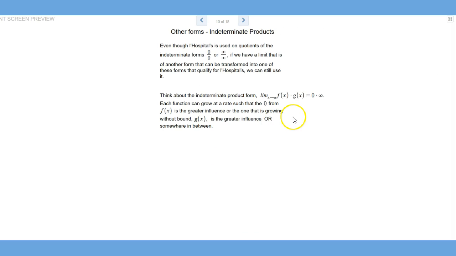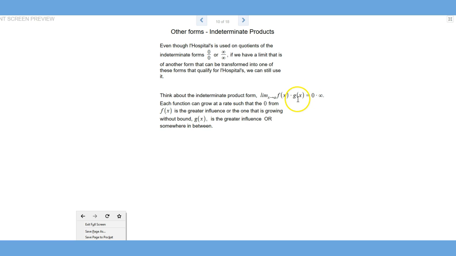So there are those other forms that we can use L'Hopital's on if we can turn them into this form of 0 over 0 or infinity over infinity. So if we look at this form, f of x is going to 0 as x goes to a, and g of x is going to infinity. So what does that mean?